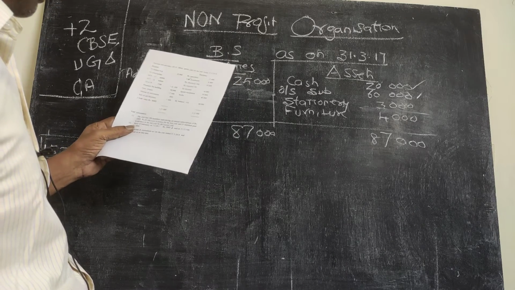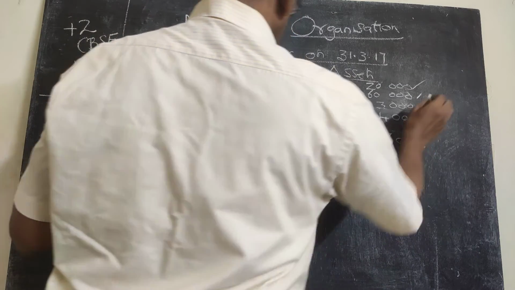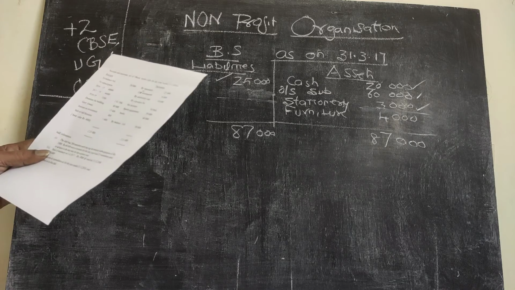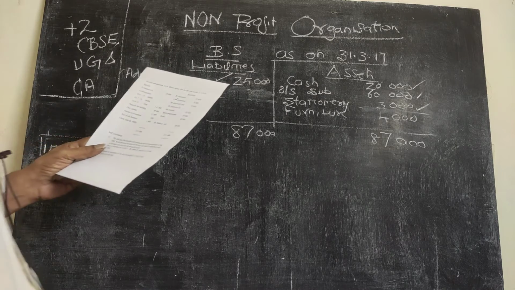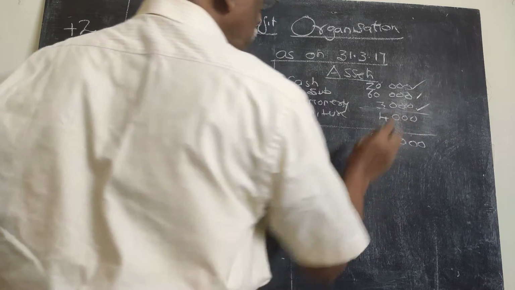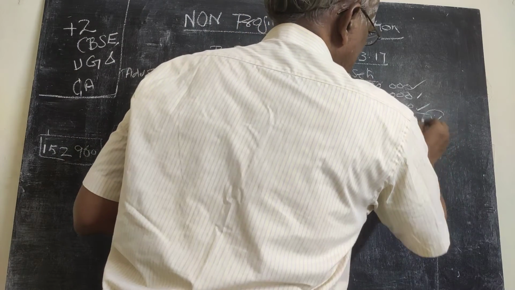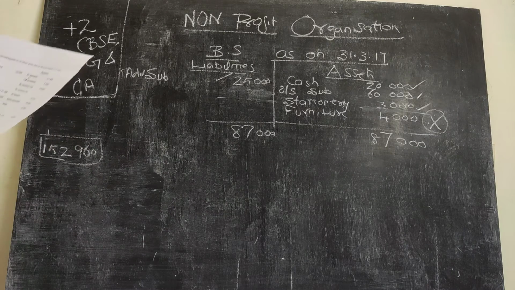The second additional information, the opening stock of stationery 3,000. And looking into the receipts and payments account, we find old furniture is sold at book value 4,000. Therefore, it should have remained on 31st March 17, rupees 4,000 worth of furniture. So this must be carefully considered. Mostly the students omit that.